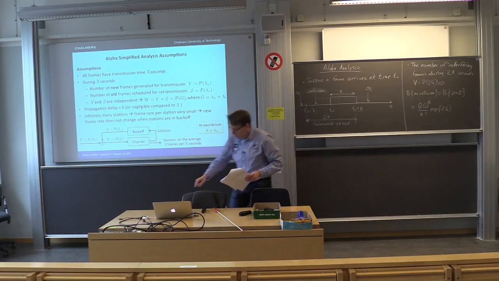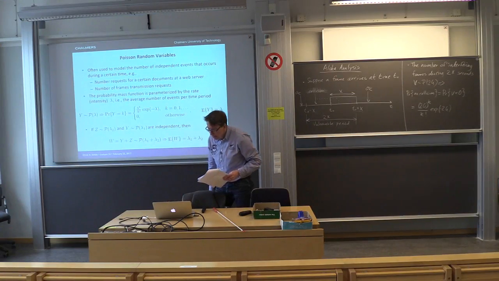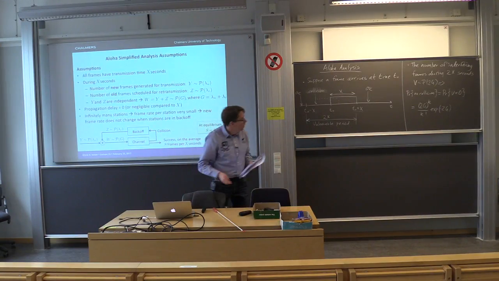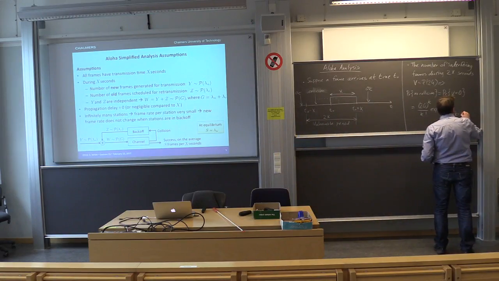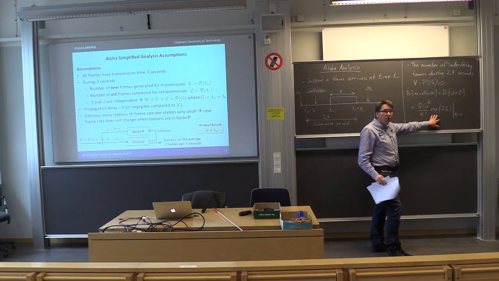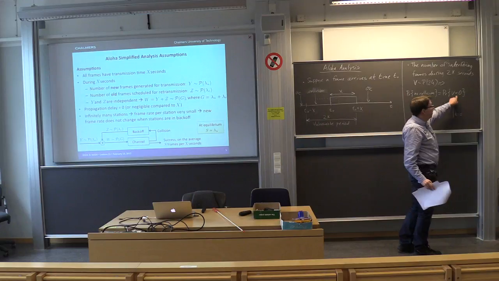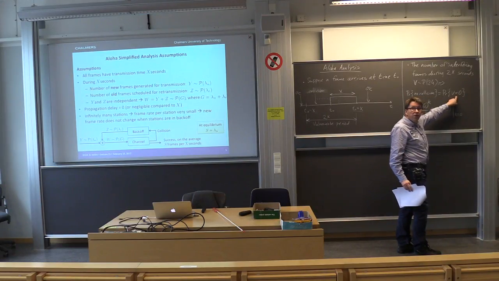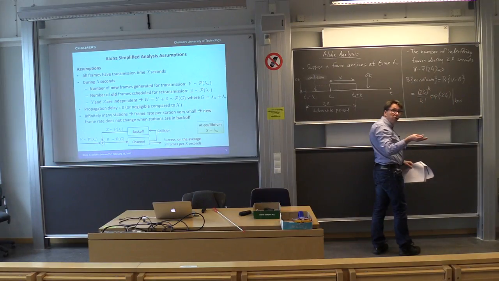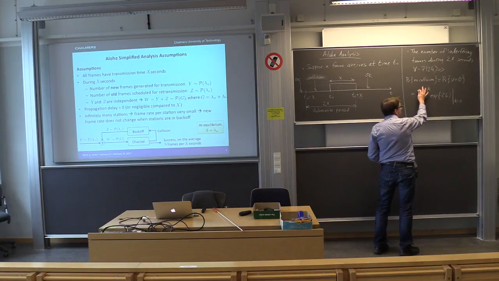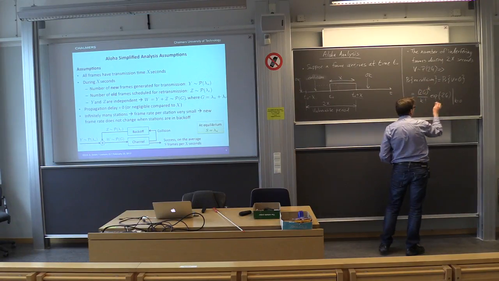Is this correct? Let's see now. Yes. When k is equal to 0. Okay, so this is the probability that v is equal to k, and then we put k equals 0 because we want to calculate the probability that v is equal to 0. And this is quite simple then. 2G to the 0 is 1. 0 factorial by definition is equal to 1, so the first term here disappears, and the only thing we are left with is the exponential.